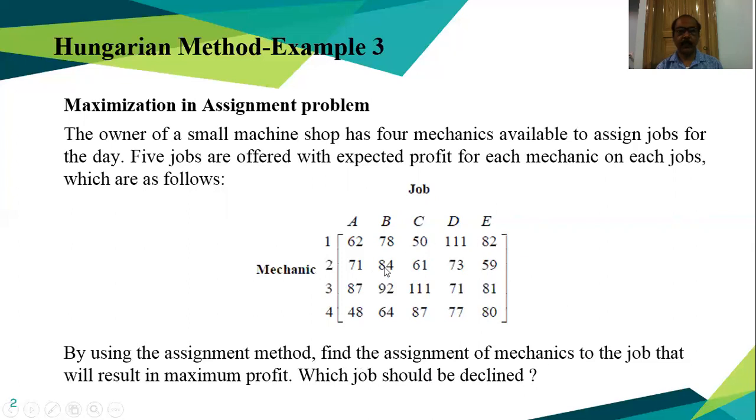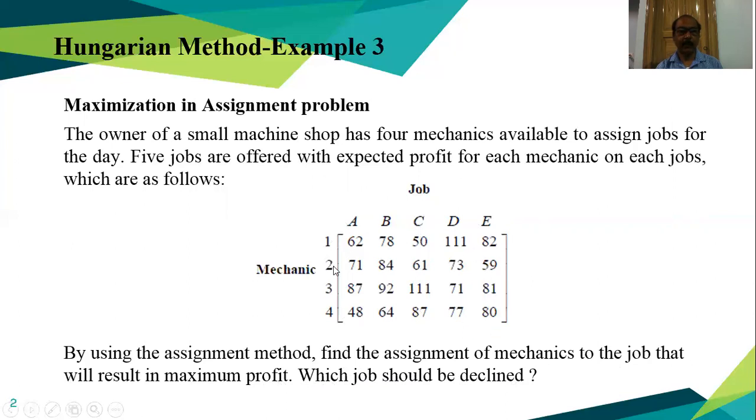First we have to find out the assignment of the machine to the corresponding job that will maximize the profit, and which job should be declined. So one job should be assigned to the dummy machine. In this case, we have to make it a square matrix.